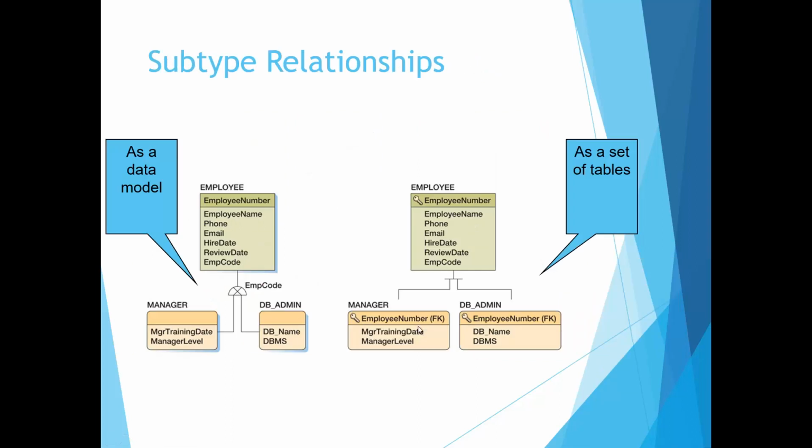Subtype relationship can be represented as depicted in the model as shown here, then translated into design on the right. An employee can be a manager or a database admin. In both cases, the employee number will be used as the primary key of the subtype table and is the foreign key for the employee table.